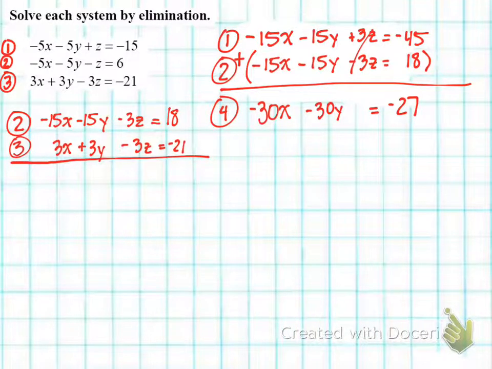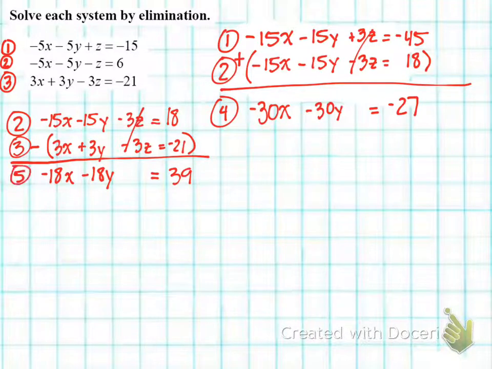I'm going to focus still on the z's. I'll put the subtraction sign here to get rid of them. They cancel out, and then negative 15x minus 3x is negative 18x. The y's turn into negative 18y. And this equals 39. This is equation 5.